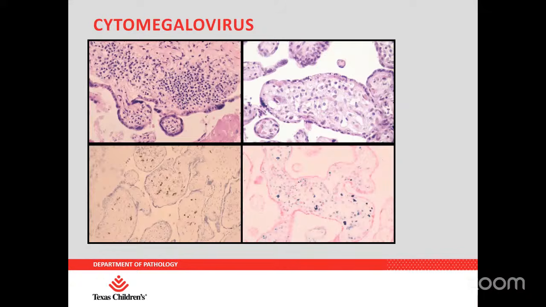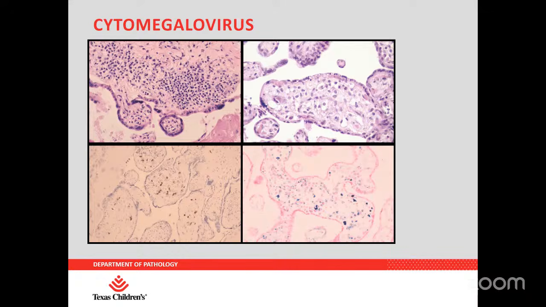Cytomegalovirus, a classic example of viral villitis, remains the leading cause of congenital infection worldwide. It's a DNA virus from the herpes family, affecting around 1% of all live births and accounting for roughly 10% of chronic villitis cases seen. Most maternal infections are asymptomatic, but transplacental transmission occurs in about a third of primary infections.